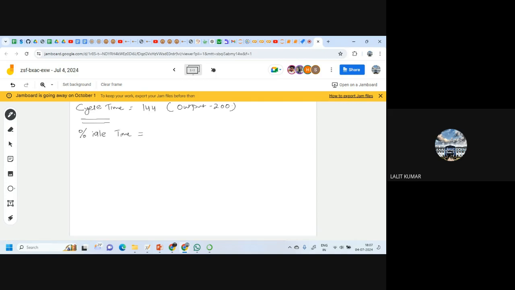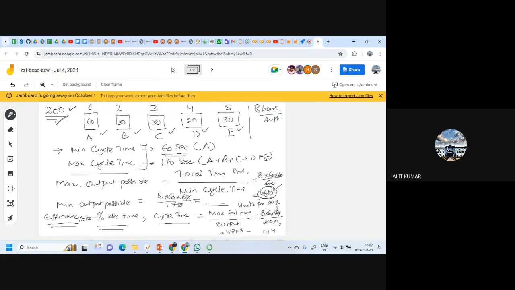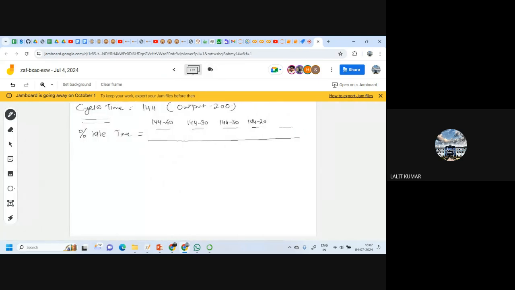The percentage idle time will be how much time we are not utilizing across these 5 workstations. The first workstation was 60, so here this much time we are not utilizing. The second was 30, third was 30, fourth was 20, and last was also 30. And how many workstations are there? 5. What is the cycle time? 144 into 100.